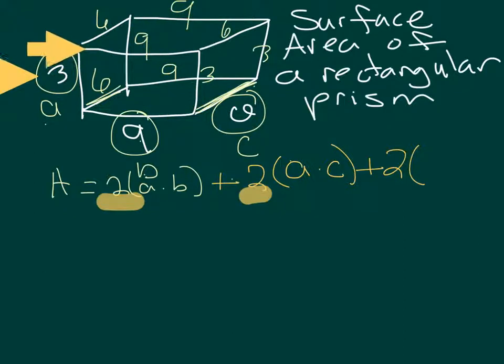That's why we're going to multiply by 2. Here's B, which is represented by 9 in this problem. Here is C, which is a 6. So that one was B times C.